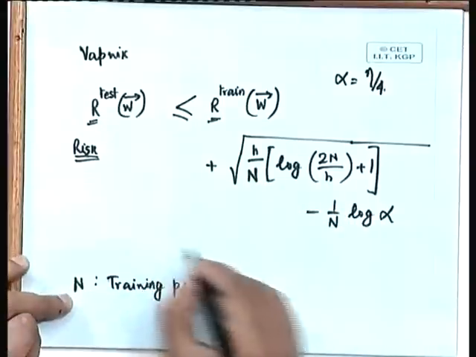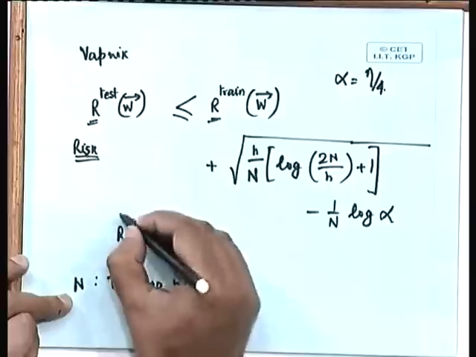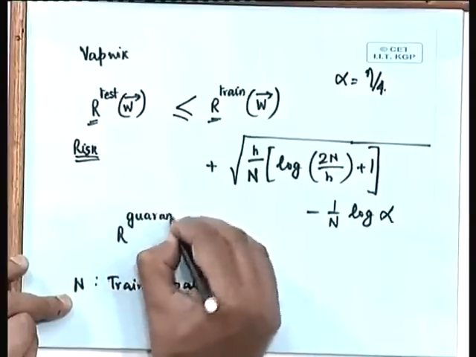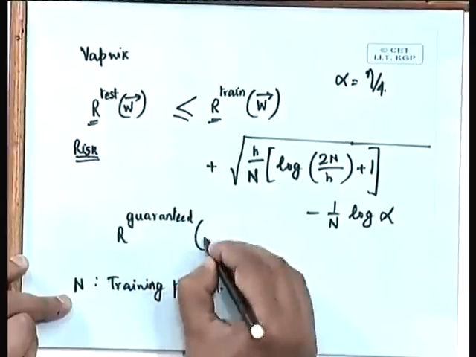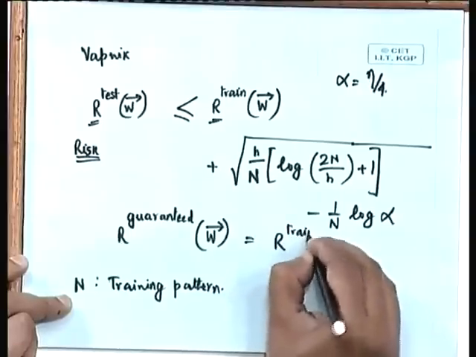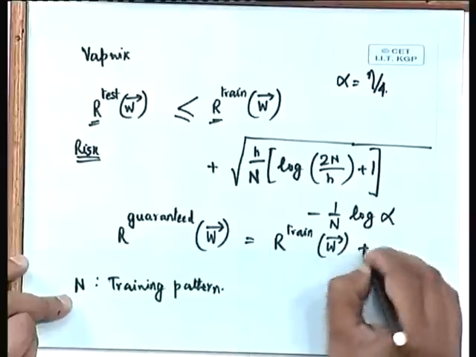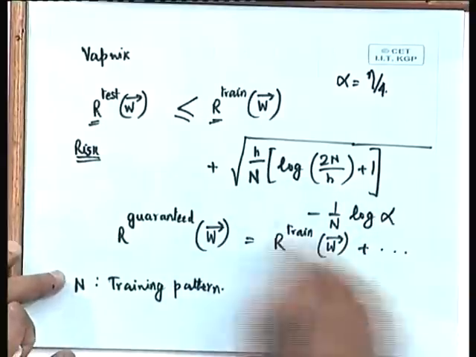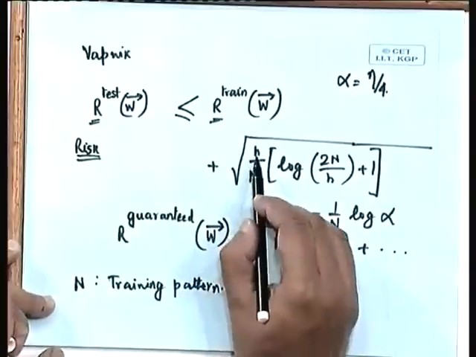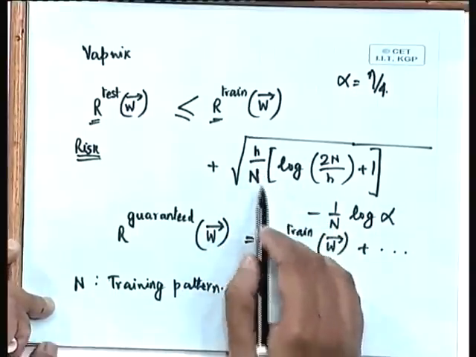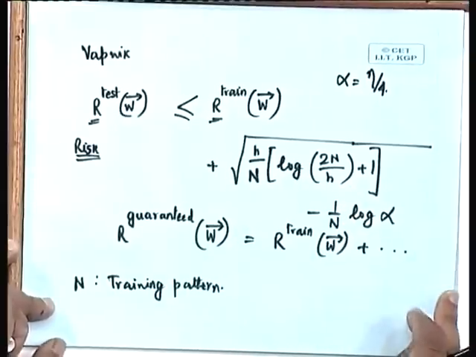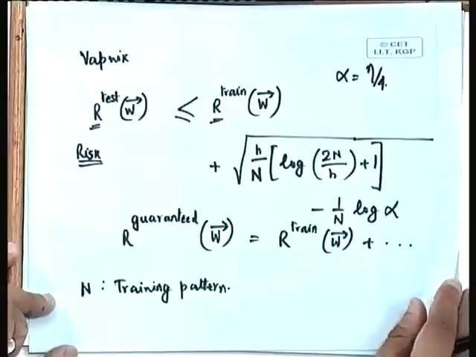So we are going to call this R guaranteed. Let us call R guaranteed as a function of W equal to R train as a function of W plus this expression. Instead of writing this expression in terms of H, which is the VC dimension, the number of training patterns, and alpha, we are going to use a more simplified nomenclature.